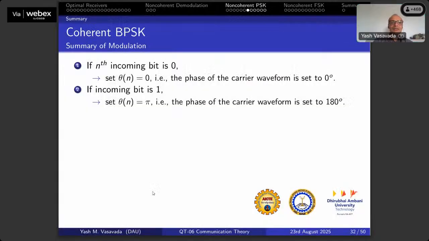So if the incoming bit is 0, then you set the phase of the next symbol same as the, okay, this is for the coherent case. Whenever the incoming bit is 0, you set theta n equal to 0, otherwise you set theta n equal to pi. Transmit +1, here you transmit -1. This is the standard BPSK.